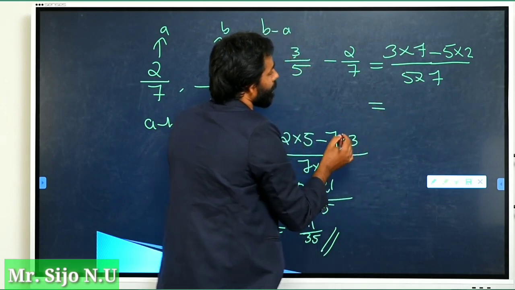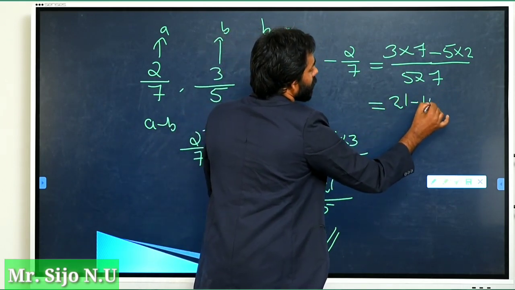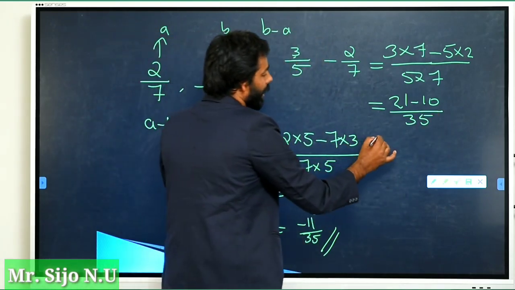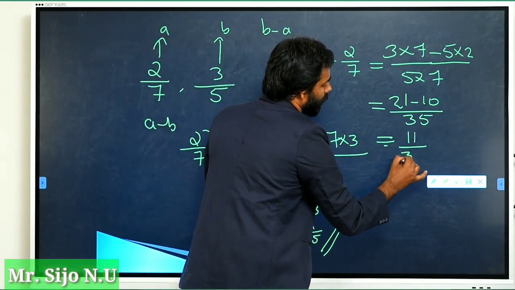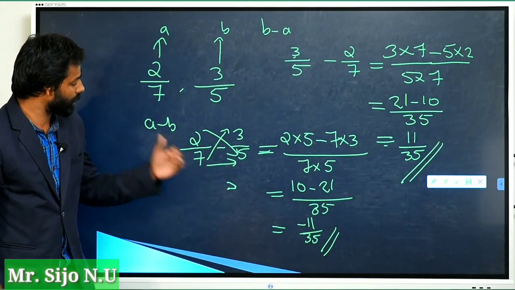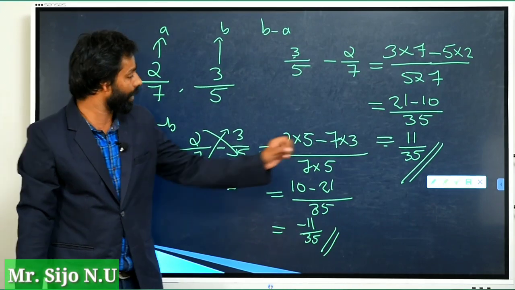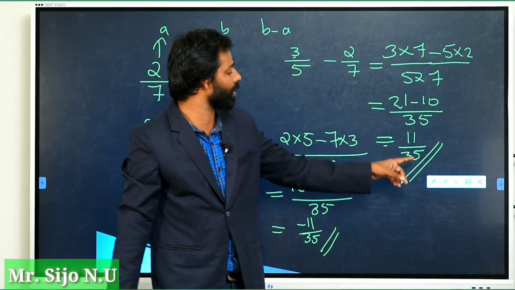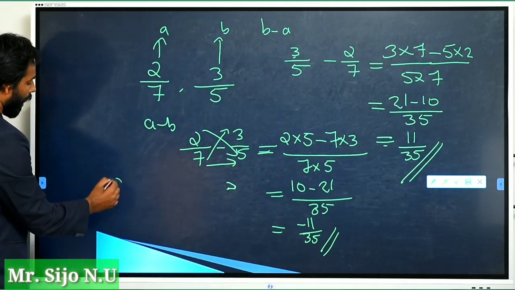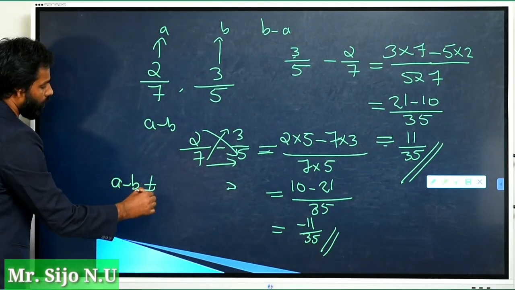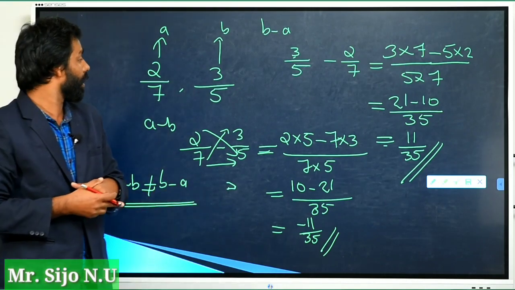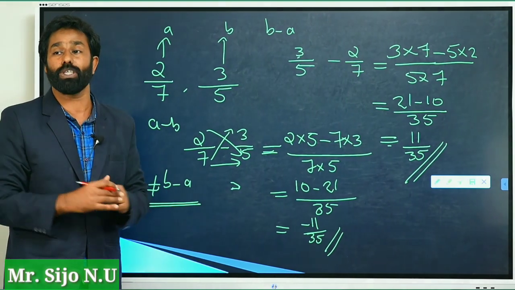So what are we getting? 21 minus 10 by 35. The result is 11 by 35. Firstly, a minus b has the value minus 11 by 35, and here b minus a is 11 by 35. It is not the same. Therefore, we can conclude a minus b is not equal to b minus a. So we can say subtraction is not commutative.